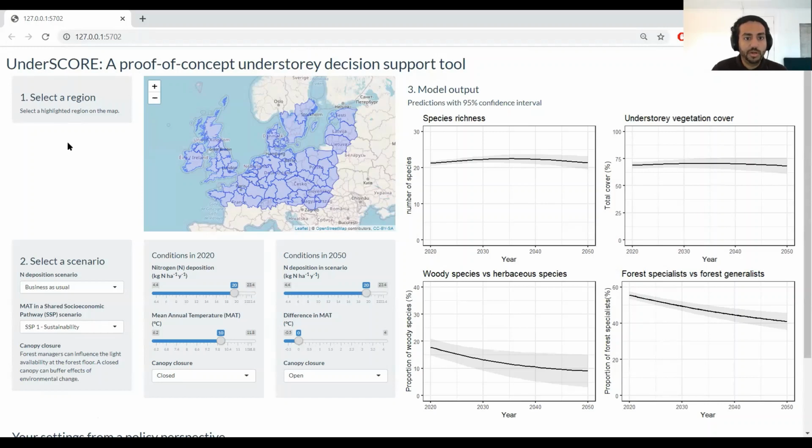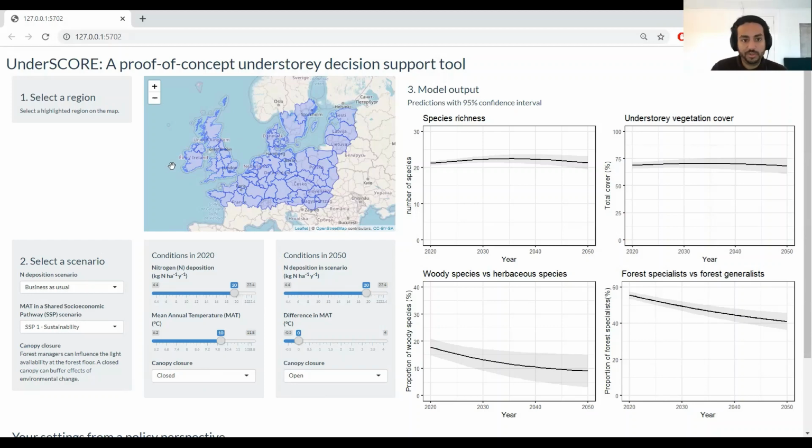UnderSCORE really emphasizes, or underscores, the importance of the understory in taking management decisions, especially in light of several environmental change contexts, as we provide here, and also for management incentives, which are provided here via the canopy closure. UnderSCORE provides easily comprehensible scores or metrics of the understory, of which we have 4.